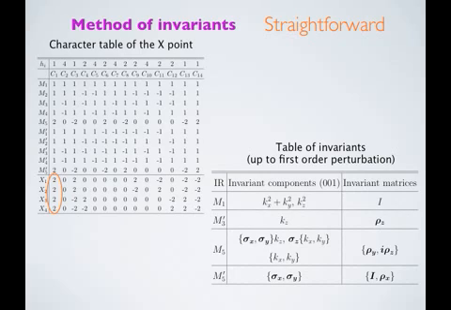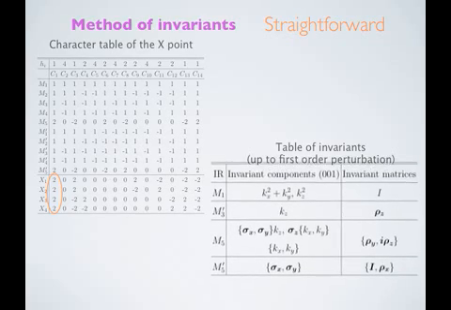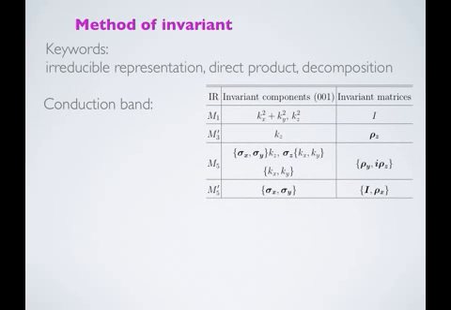On the right is the table of invariants. These invariant components and matrices are derived straightforwardly from the operators of the space group up to first-order perturbation. Now, I'll give an easy example of using this table to construct a Hamiltonian of the conduction band.